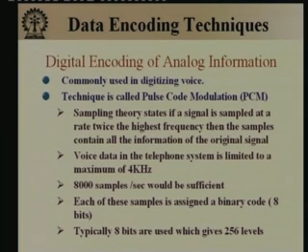This Nyquist rate says that if we sample any analog signal at double the maximum frequency that particular analog signal has, then essentially we will have all the information that is needed to fully reconstruct the original analog signal from these samples. Okay.